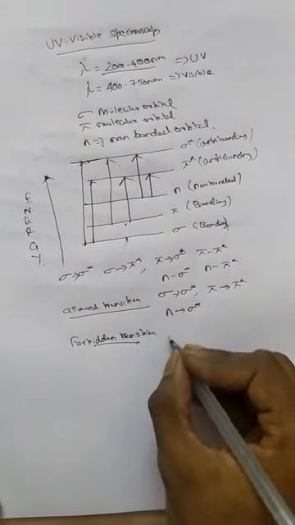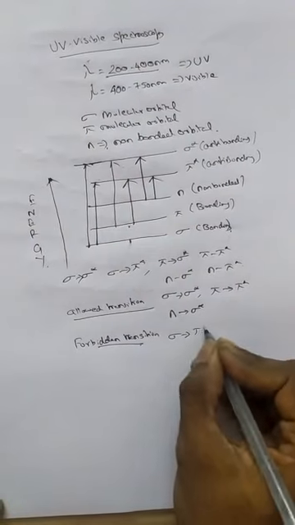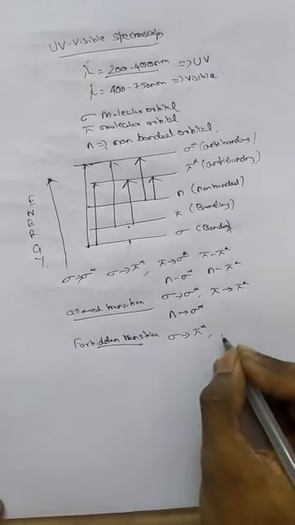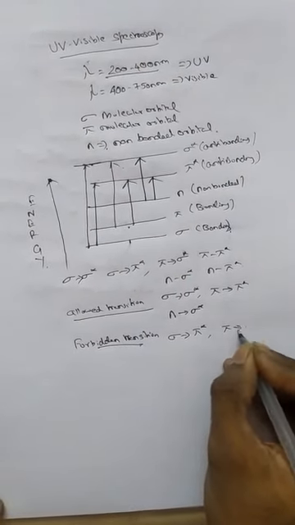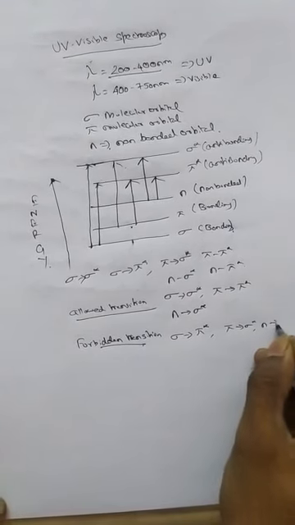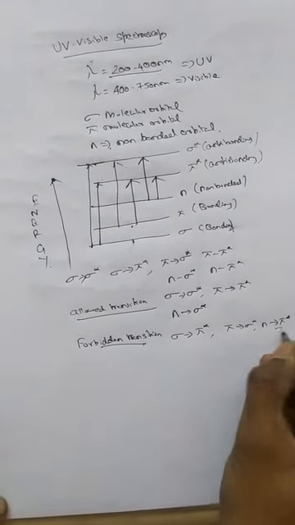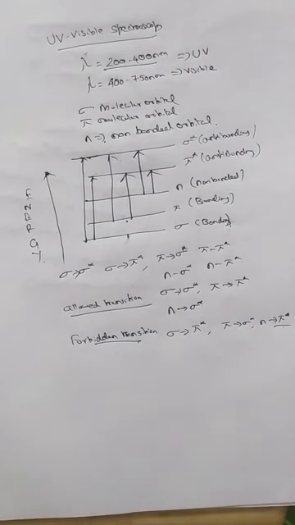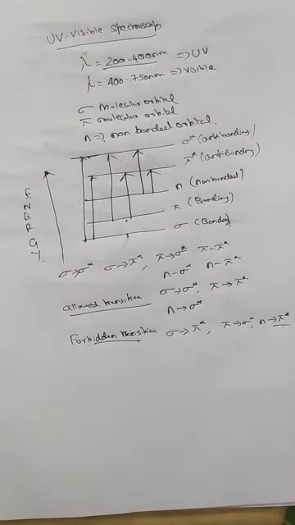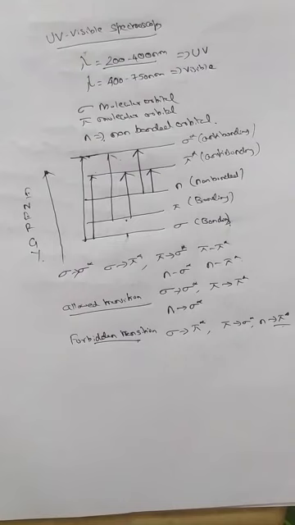For example, sigma to pi star is not allowed, pi to sigma star is not allowed, n to pi star is not allowed. These are the non-allowed transitions, but they may occur actually. In nature they may occur, but when they occur, the molar absorption coefficient, that is absorptivity, will be very much less than 10,000. So it is said to be a forbidden transition.